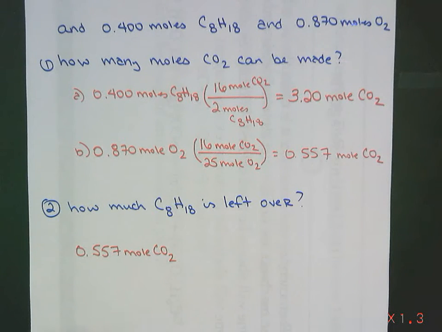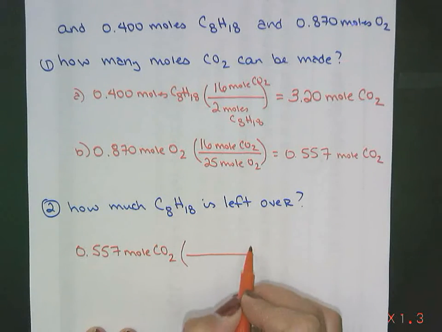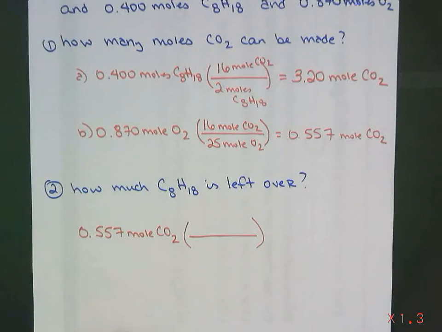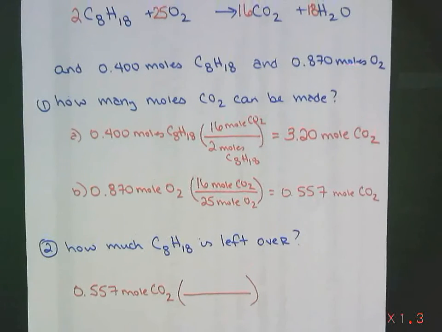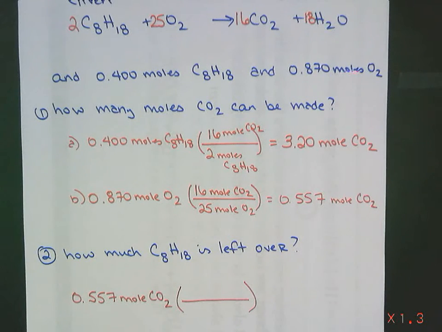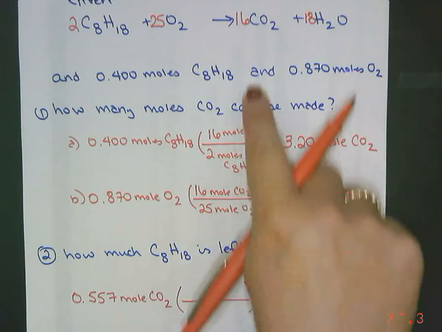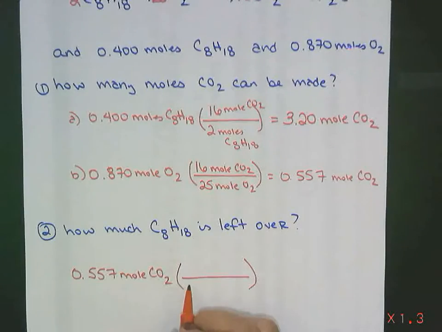And I want to end up in moles of C8H18. So I put the moles of carbon dioxide, the 16, on the bottom. And I put the 2 moles on top.